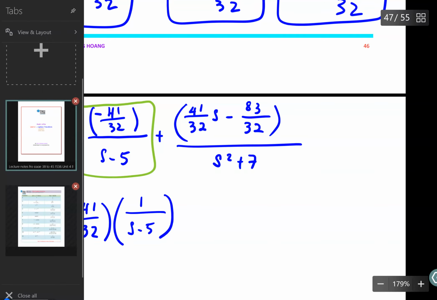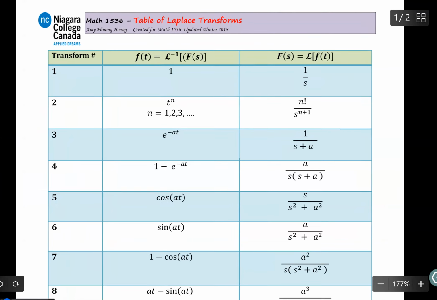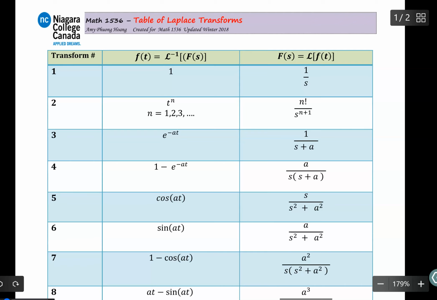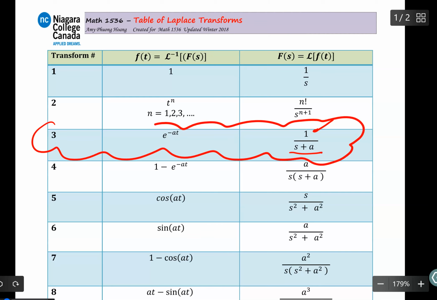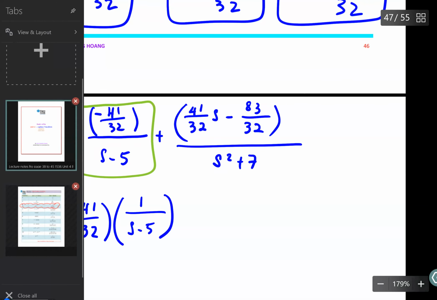So let's go to our Laplace transform table. On the Laplace transform table, you see that you have 1 over s plus 8. So therefore, you are going to use transform number 3. Okay, so I will write down transform number 3.